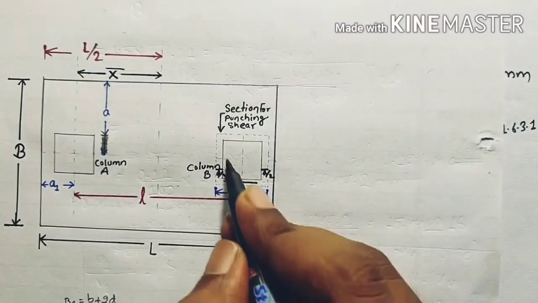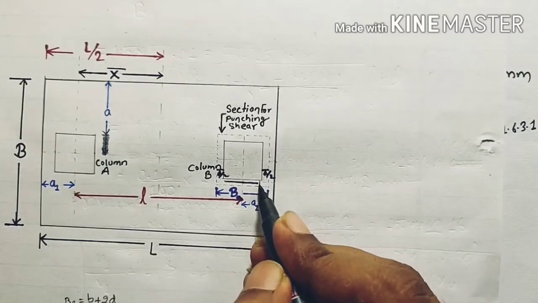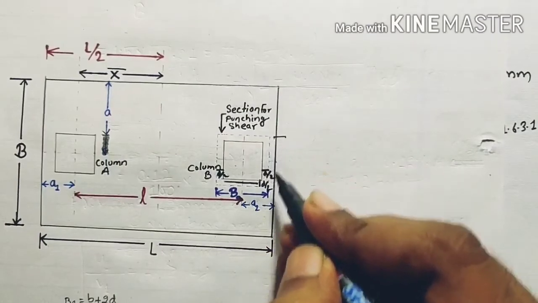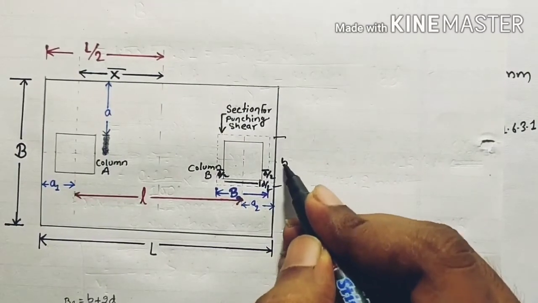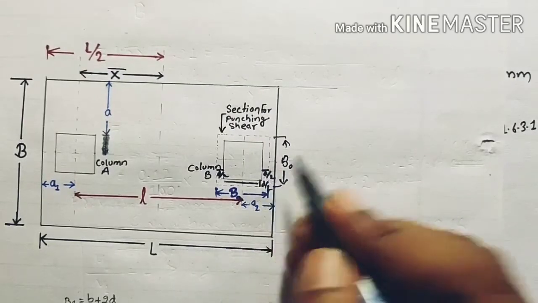See here, this is B note, and we are taking the dimension d by 2, then the same dimension will be here also d by 2, and this is B note, so this portion will also be B note. So the area of the punching section will be B note square.